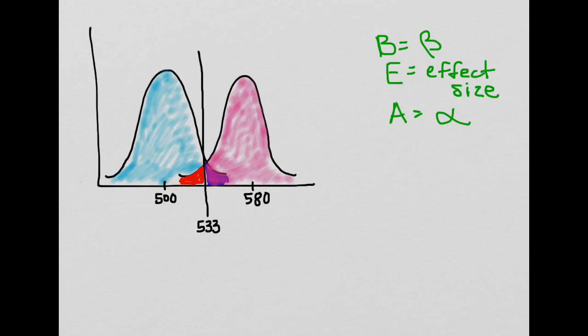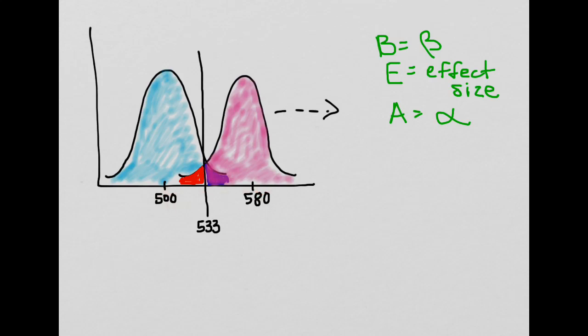Effect size is the second one. And so we talked about how effect size is the distance between these distributions. So if you take this distribution, I can't because I don't know how to do it in this video, but if I slid this over here, okay, that would be the equivalent of increasing the effect size. So for example, if the alternate distribution mean was not 580 but 600, then the effect size would be bigger between 500 and 600, right?